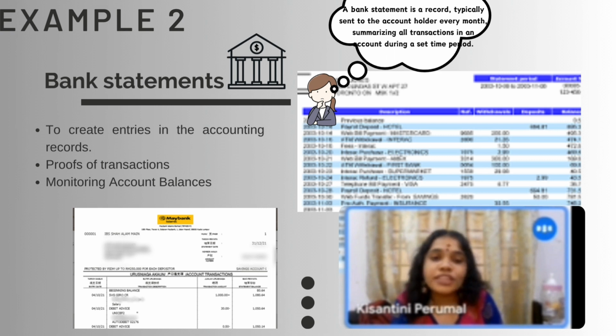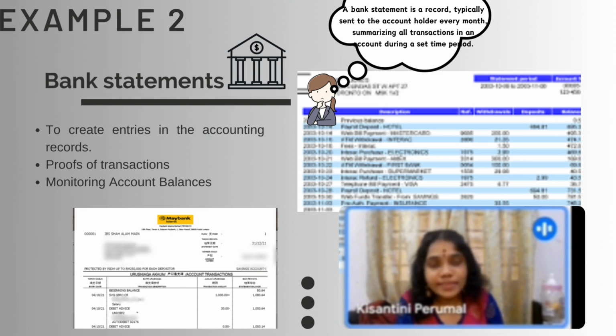Proof of transaction. For example, verifiable and official records of checks written, money received, and other financial transactions are available through bank statements. For financial reporting and audit, this paperwork is essential.